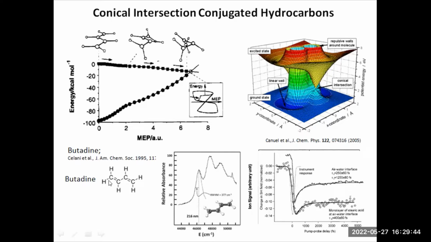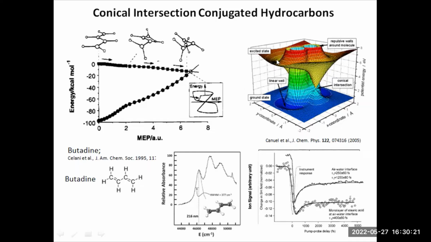So this is interesting. This is probably the case of the smallest molecule which has a conical intersection. This is butadiene. And you can also see on these graphs the rates of dissipation. So, for example, we calculate the occupancy of the excited state as a function of time, and it takes less than a picosecond for the system to decay to the ground state by internal conversion.